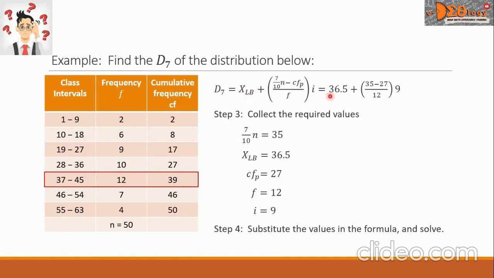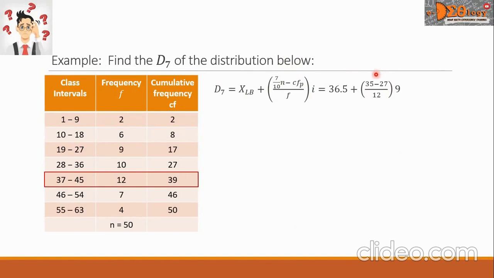X sub LB now becomes 36.5 plus this value 7 over 10 times N, which is 35, minus CF sub p equals 27, all over the f, which is now 12, and this fraction is multiplied by I, and we put here the number 9.